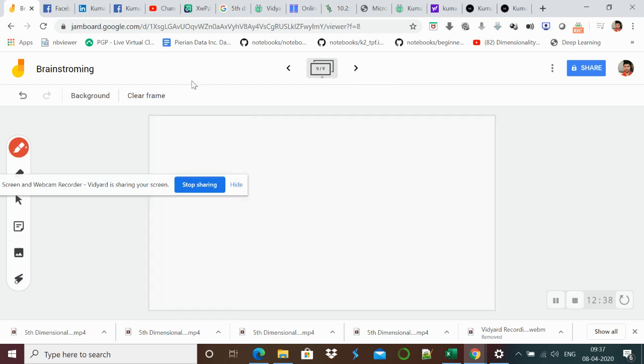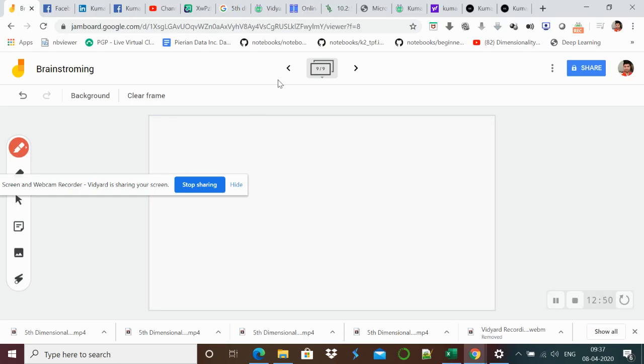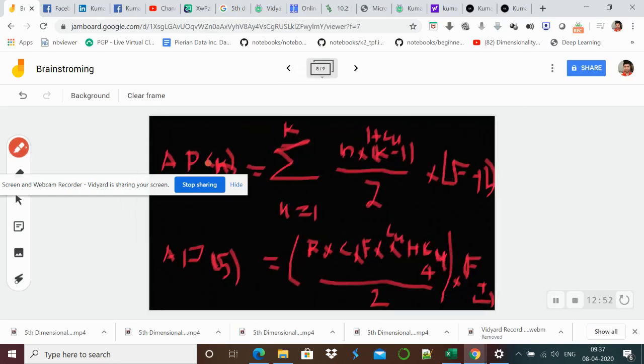Now coming to the sixth dimension. As we know, this is a generic formula, the mathematical representation for one AP of the kth dimension. The summation formula is for n equal to 1 to k.